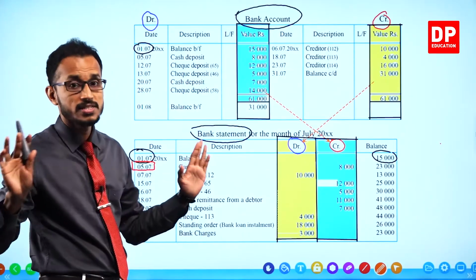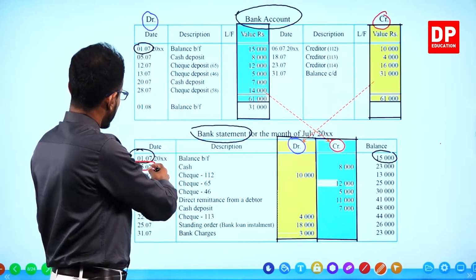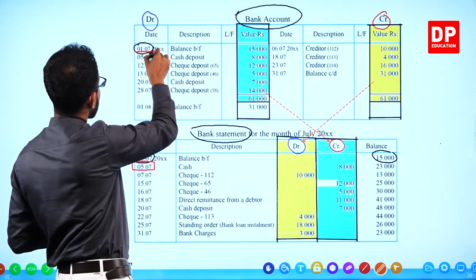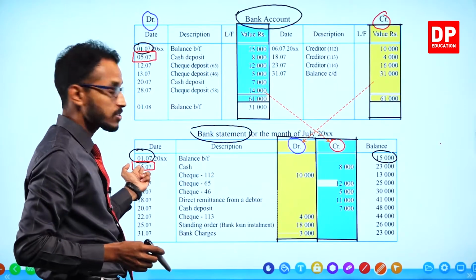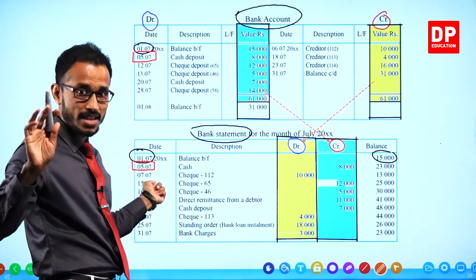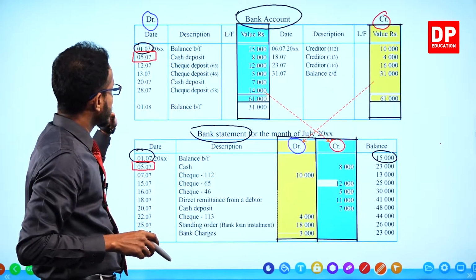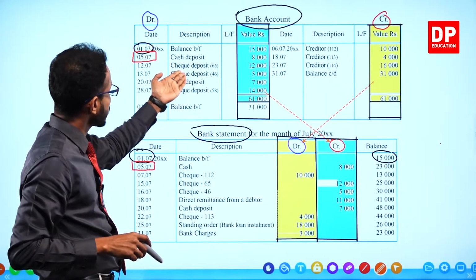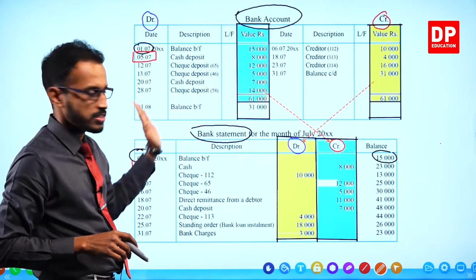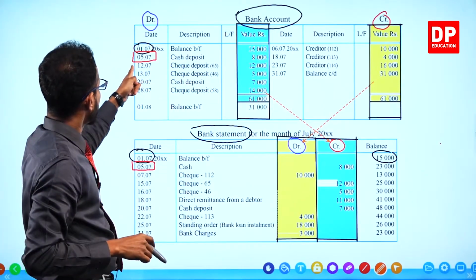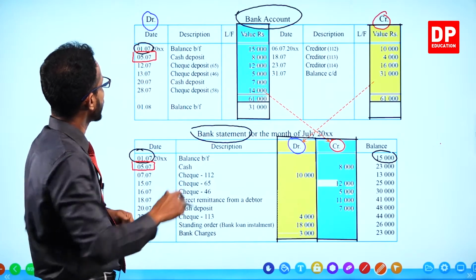The date should not be the same, because sometimes the cash deposit is done on the 5th and it has gone to the statement on the 5th, the same date. Most of the time, check deposits are not mentioned in the bank statement on the same date. Example, the second deposit, 12th.